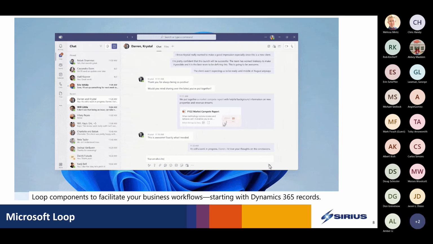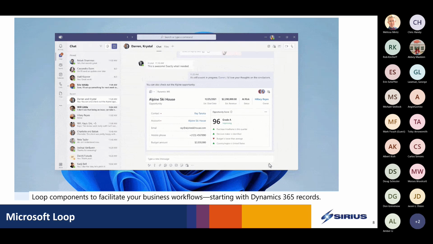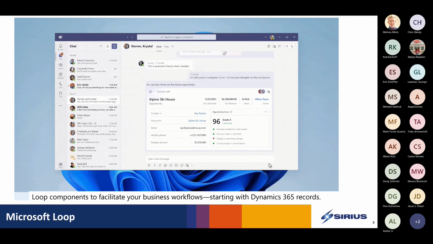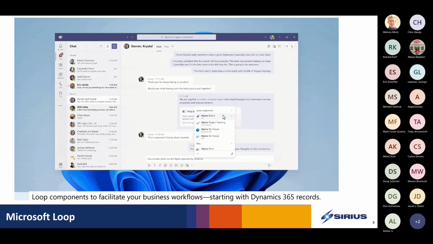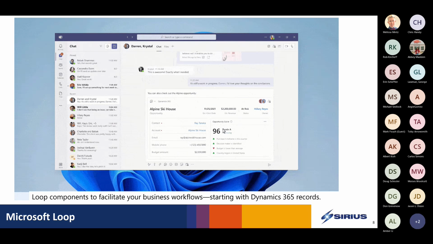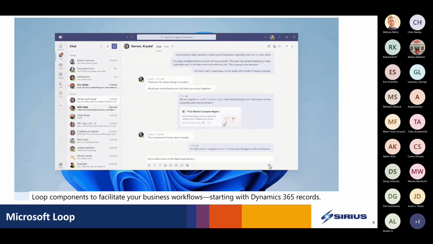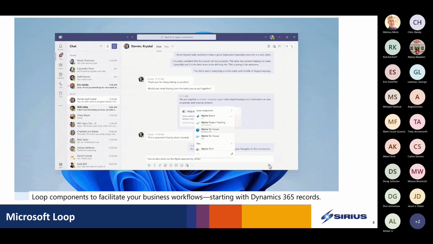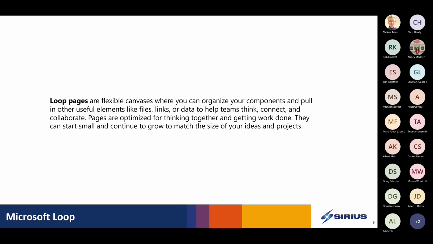This happens to be from Dynamics, but if you do at Alpine, it will show you all the accounts where Alpine is what you're looking for, and it will take that information, plug it right into a chat, and really give your people better access to information without having to search for it. In fact, most people spend about 70% of their day looking for information. So Loop is really one of those things that will help you reduce that time and make you more productive.